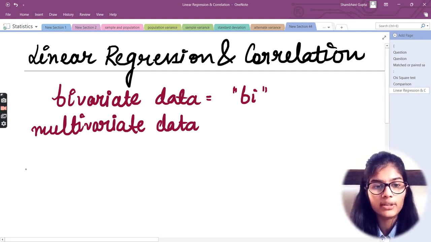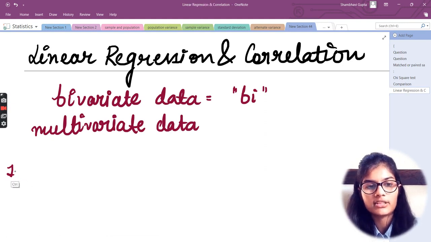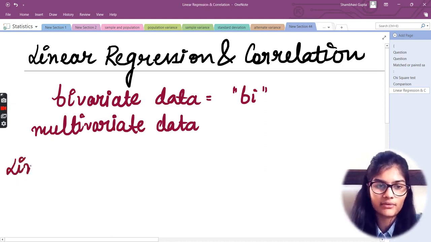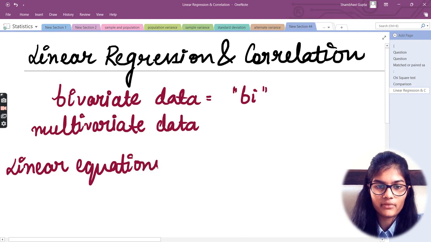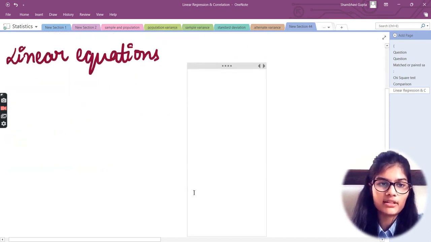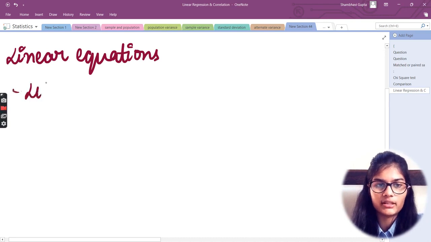Now I'll be taking you to the very first topic that I have right here, and that's linear equations. Okay, yes, this is the topic. Let's come down and start studying this.